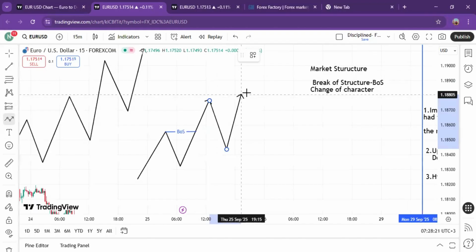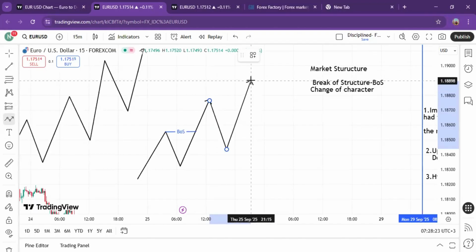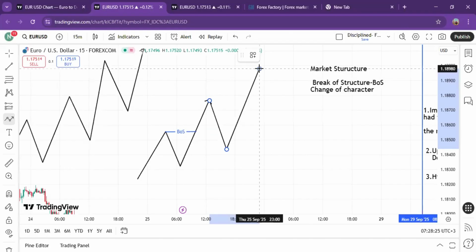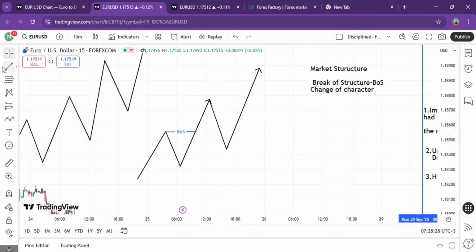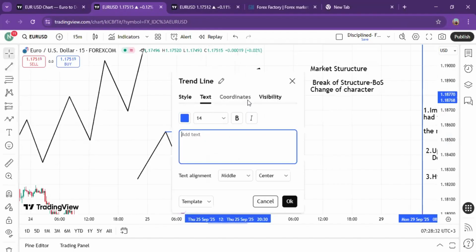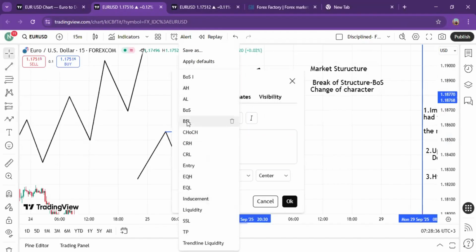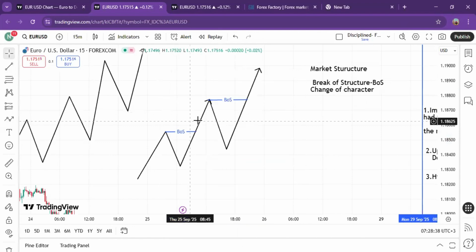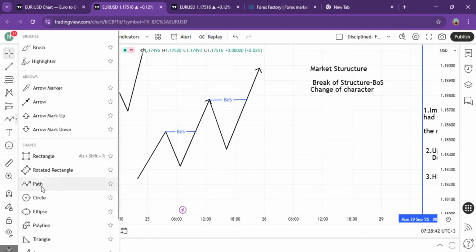Then we know that buyers are willing to continue pushing the market higher and give us the next break of structure. So that is what we refer to as imbalance in the market. And that is the first rule that you should be checking when marking valid break of structures. So you need to see this.